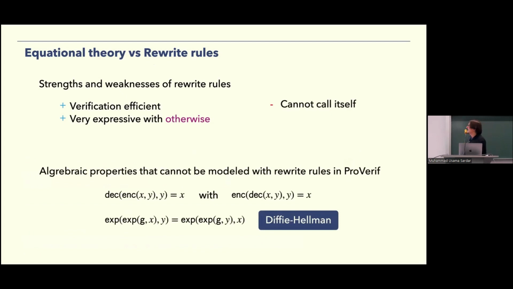A small problem with rewrite rules is that they cannot call themselves. So in the decryption algorithm, the standard equation was this one. But there's some old symmetric algorithm, not very secure, where you also had this property.